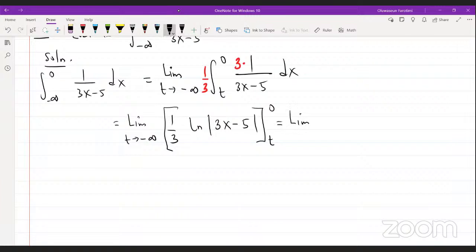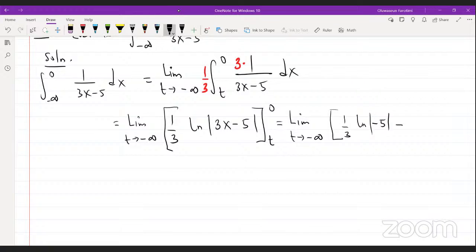All right, so I still have my limit as t goes to negative infinity of 1/3. Now we have to plug things in. If you plug in the top, 3 times 0 gives you 0, 0 minus 5 gives you negative 5. Remember that when you do ln, you have to use the absolute value, otherwise it can mislead you.